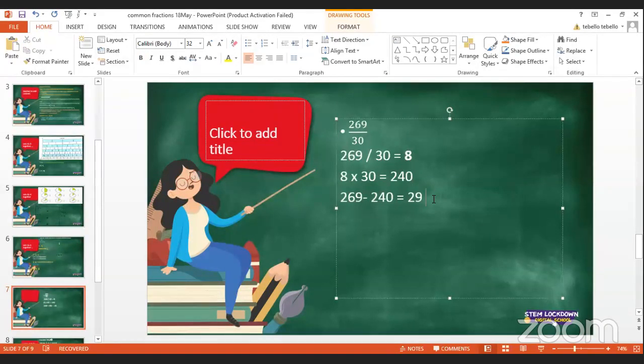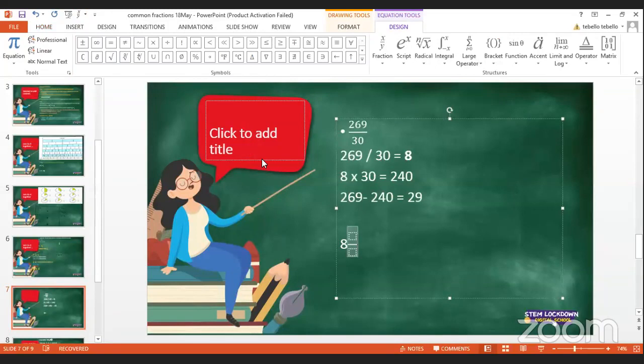So let's write our equation here, because now we are done. We'll have our 8 as our whole number, and for our fraction, you remember that our denominator doesn't change, even though we are now converting it to a mixed fraction, our denominator stays the same.